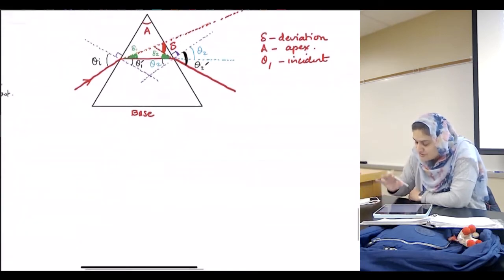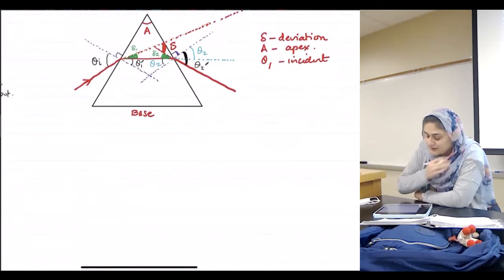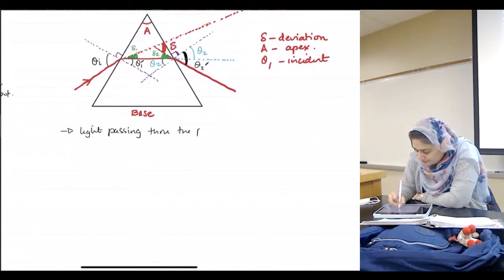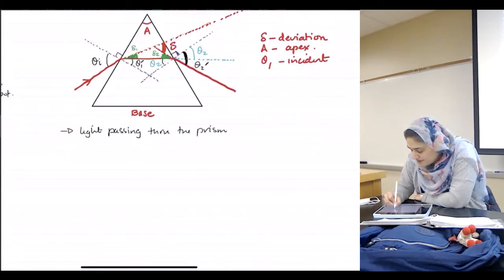So I'm going to use this as my base. And to make life easier, I'm going to tell you that the light passing through the prism passes through symmetrically.